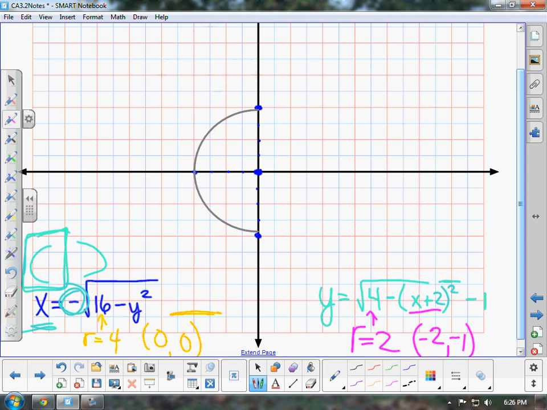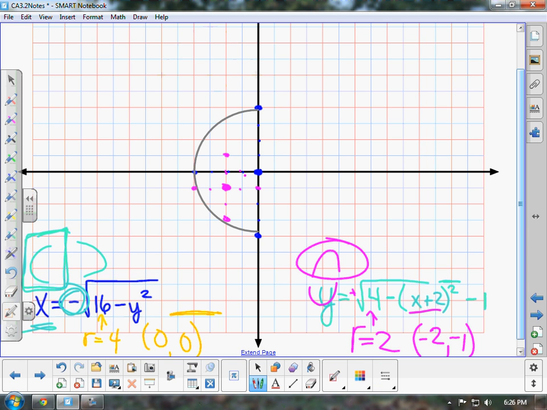And so negative 2, negative 1 is our center. Radius is 2. And because this is a y equals, it's going to be either this part or that part of our circle, and it's the positive one. So we're dealing with the top half of our circle, which is here.